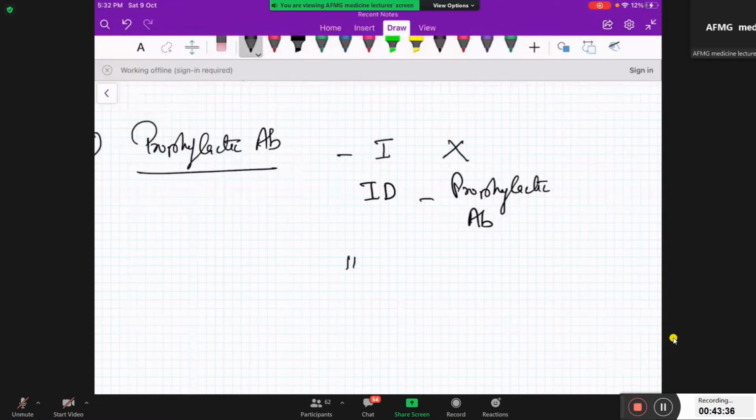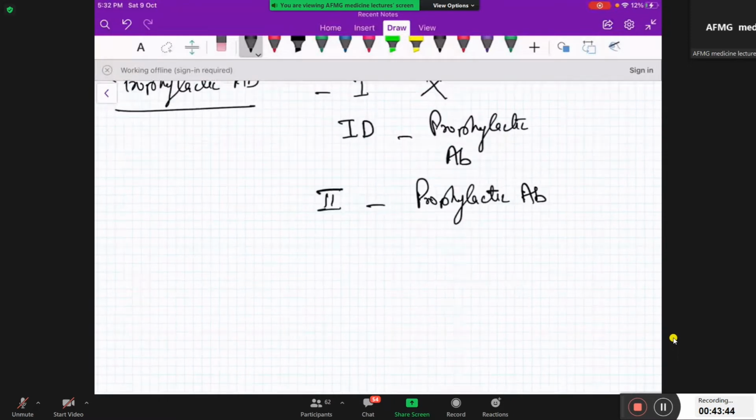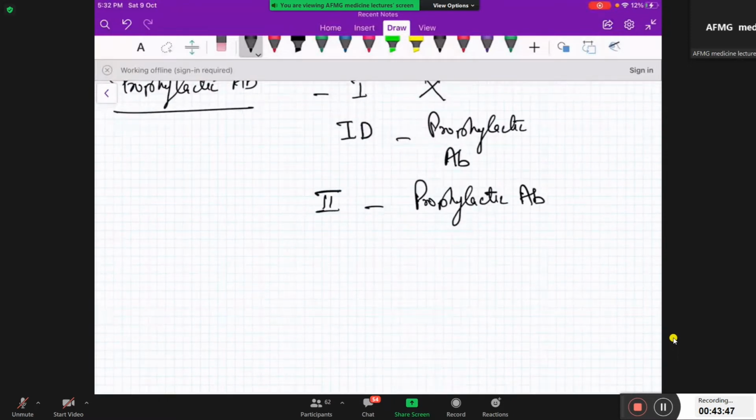If it's a class 2 wound, again, prophylactic antibiotic required. But if it is a class 3 and class 4 wound, not only prophylactic, but also therapeutic antibiotic required.